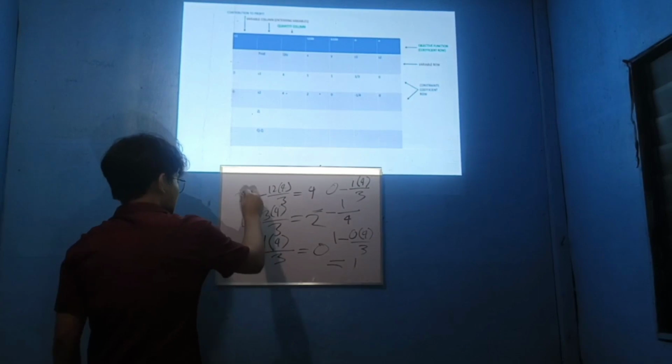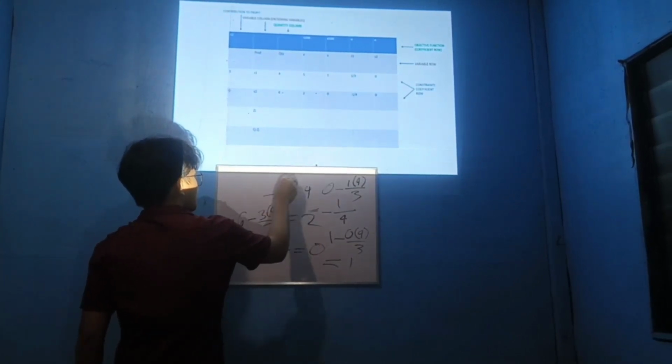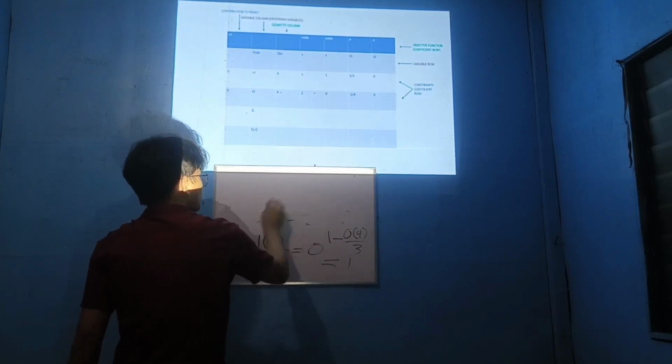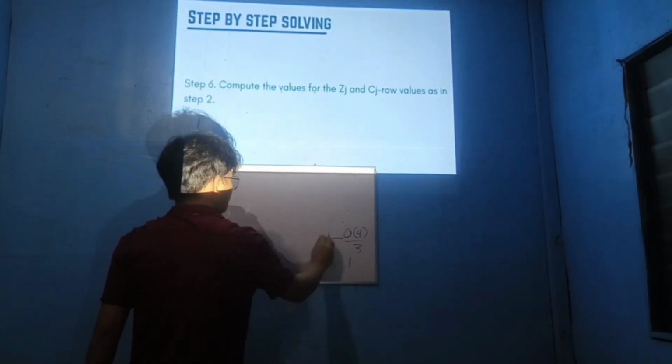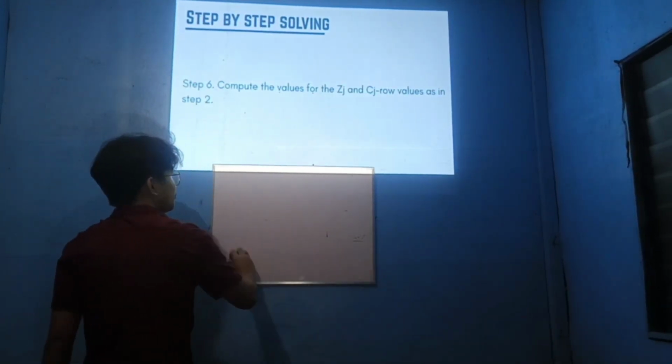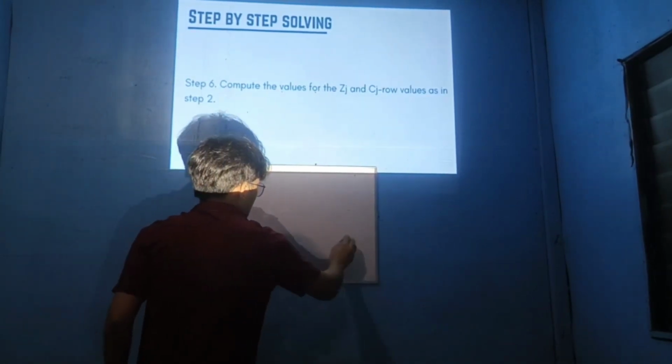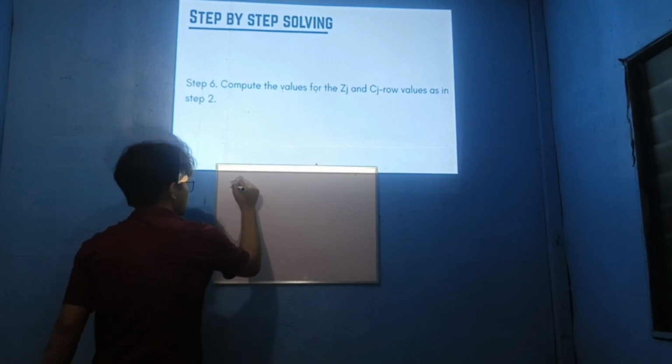For the ZJ and CJ minus ZJ row, for step 6, compute the values for the ZJ and CJ minus ZJ row as in step 2. Again, we need to find our ZJ.